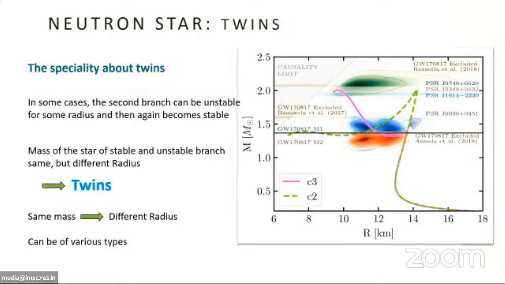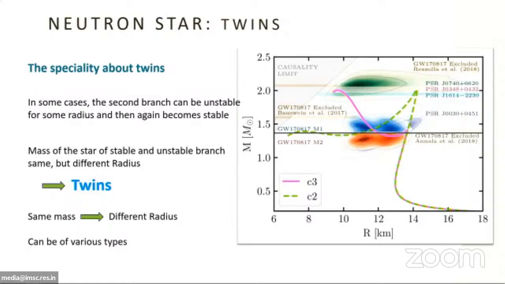However, this part is again stable. So let us say these two points. You can see in this figure that these two points have the same mass but different radius. This is what I am calling a twin star: same mass but different radius.